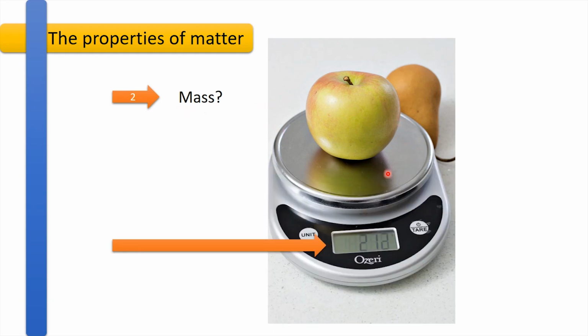If we put this apple on a balance, we will see here 2 point something grams, or any other unit. So the balance can inform us how much matter is in this object, in this apple.